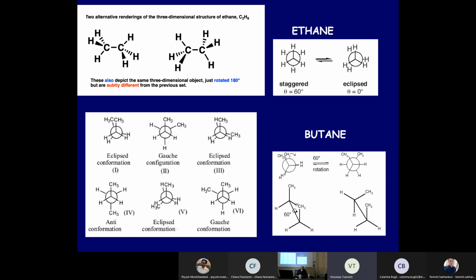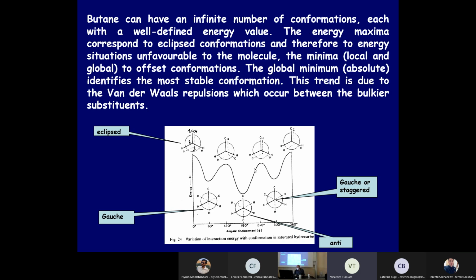We can make a study of the energy of each conformation, and if you remember, we can have this type of pattern where you can see that the most stable conformation is the anti-conformation. This is the example of normal butane, where the two methyl groups are in opposite positions.